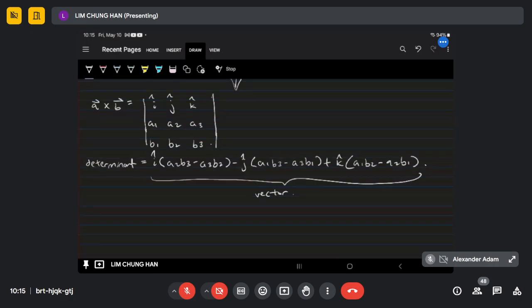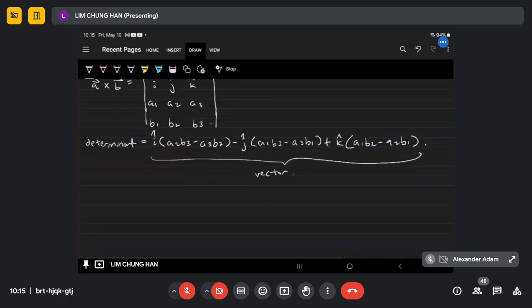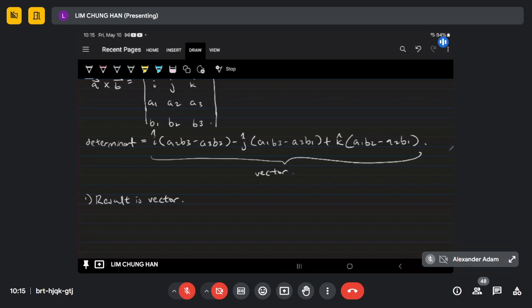Okay. Now a few rules regarding the cross product. One, the result that you get when you do a cross product is a vector. So this I explained earlier.